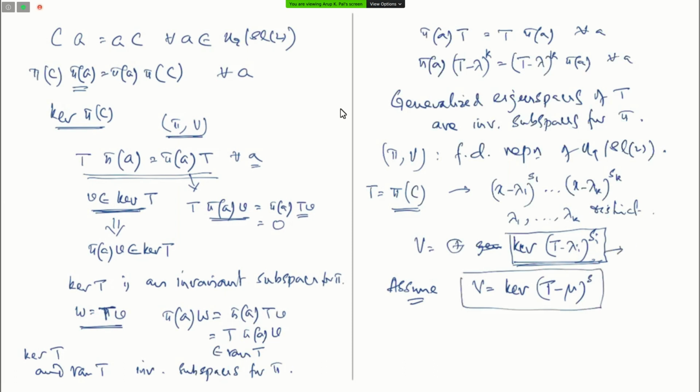These you can call V_i. So effectively you are working with one V_i, just to keep the notation simple, just assuming V to be like this. Okay. So go to the next page first.